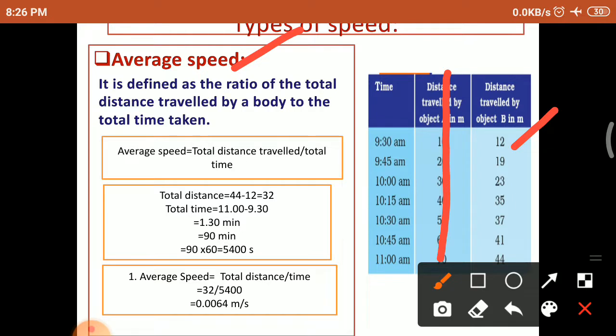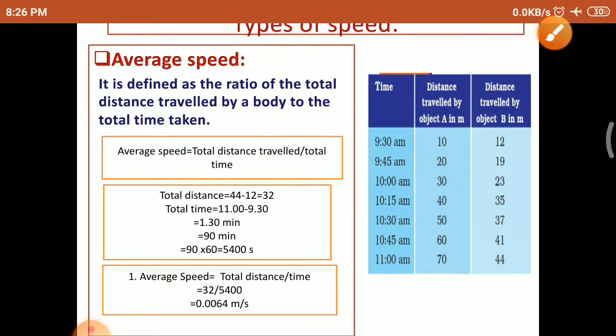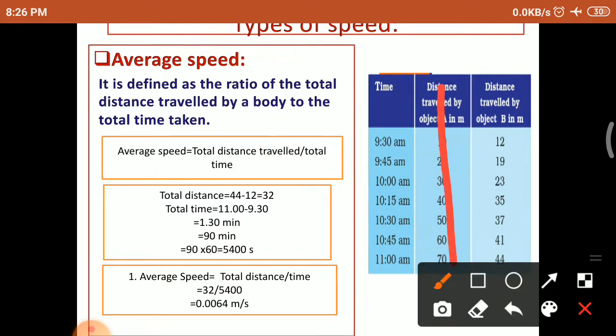So average speed equal to total distance traveled by total time. We have to divide total distance by total time. We have to calculate the average speed only for the B object because it covered unequal distance in equal interval of time.